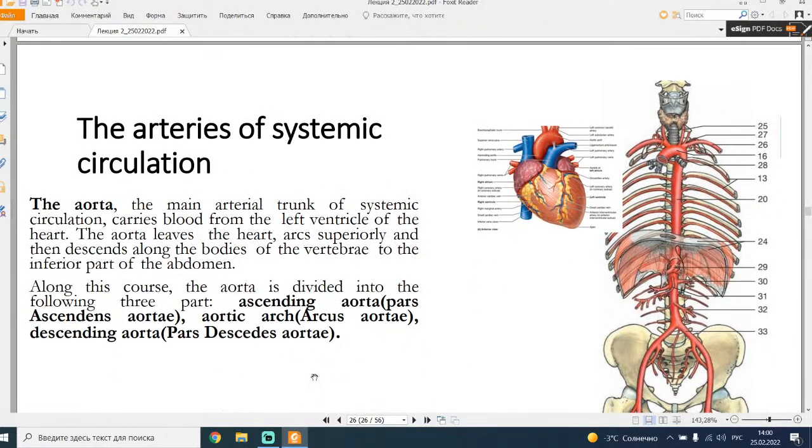Next question, the arteries of systemic circulation. The aorta, the main arterial trunk of systemic circulation, carries blood from the left ventricle of the heart. The aorta leaves the heart, arcs superiorly, and then descends.